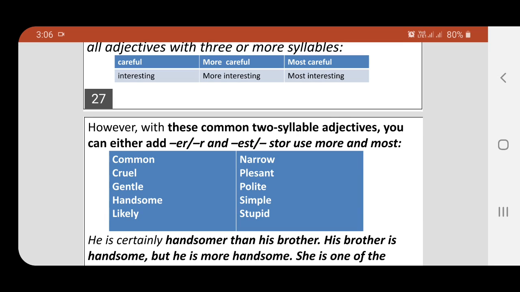That means you are careful, but your carefulness is not sufficient because it is an accident prone area. So, you should be more careful, and you are most careful. You are the most careful person. That's why you have escaped from the accident. That's why you are not caught in the examination. So, we use more and most before the adjectives.